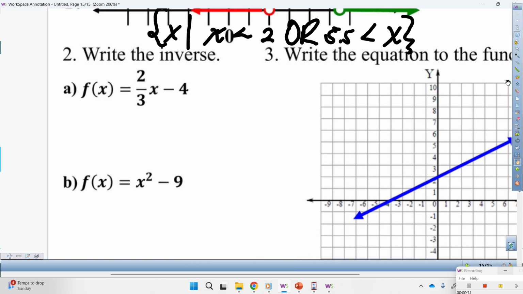So, number 2A. Check with the neighbor, see what you got for 2A. What is the inverse of 2A? Pass the one, Natalia. Julian, 2A, inverse.